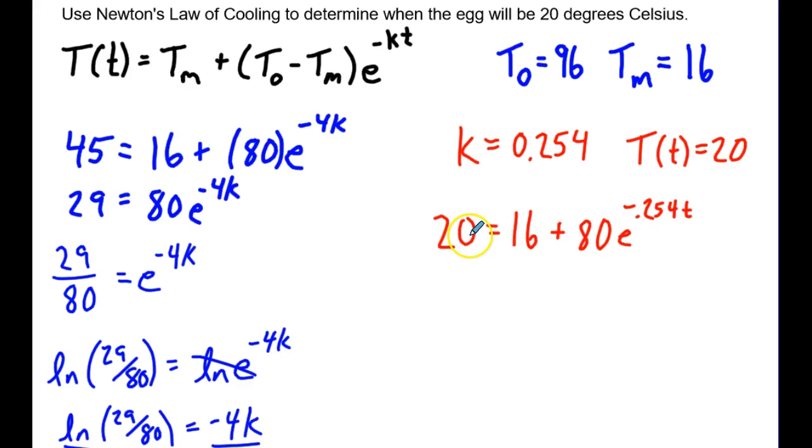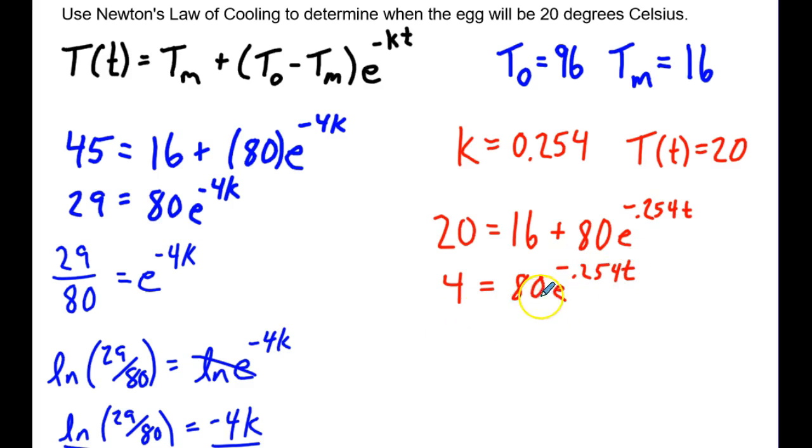We can plug that into our equation and now isolate and solve for t, the time. So the first step to do that, we would subtract 16 to the other side and get 4 equal to 80 times e to the negative 0.254 times t.